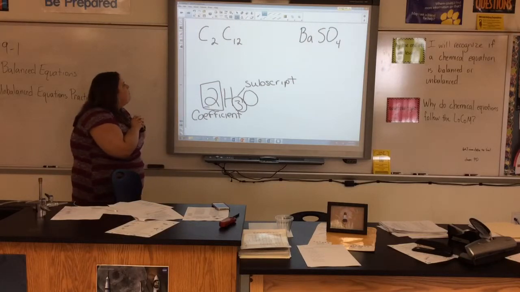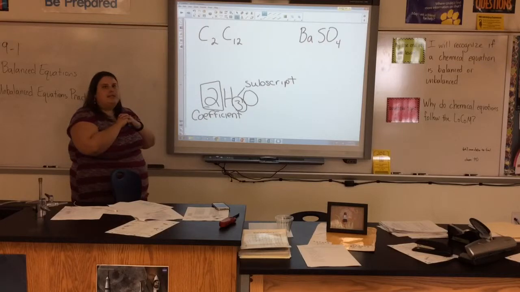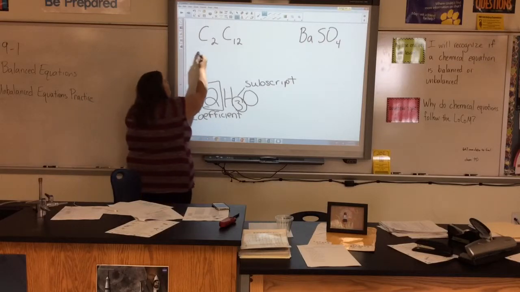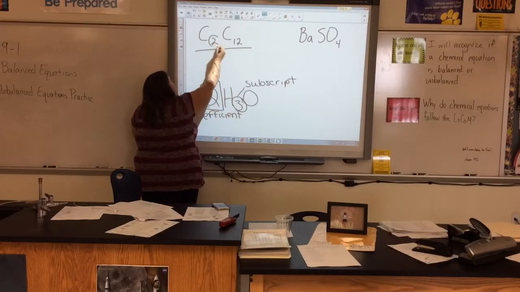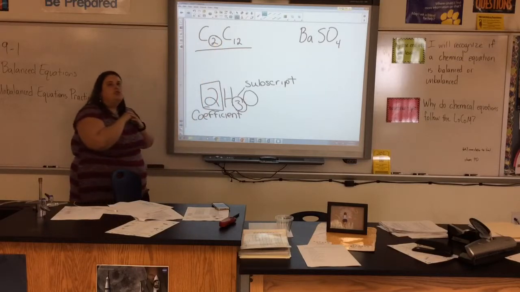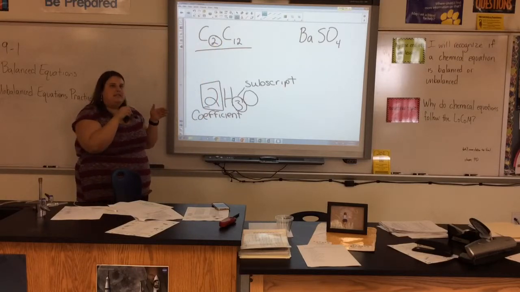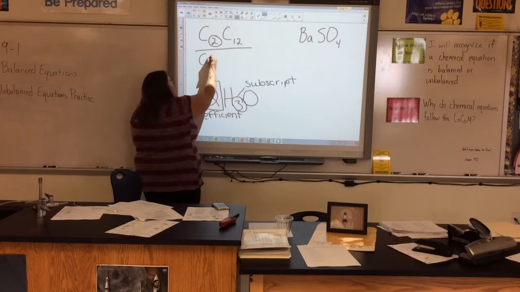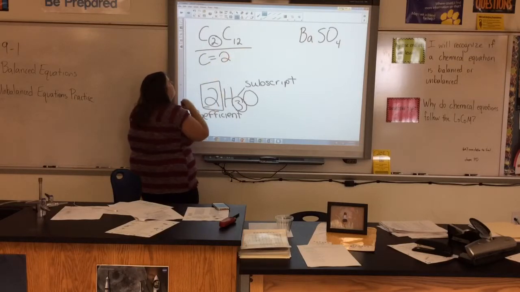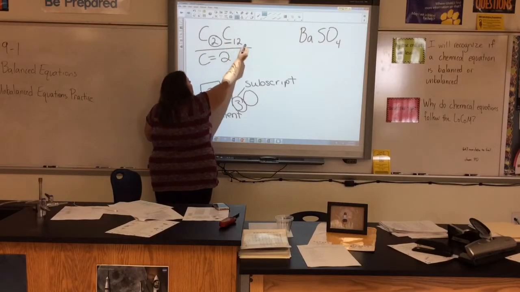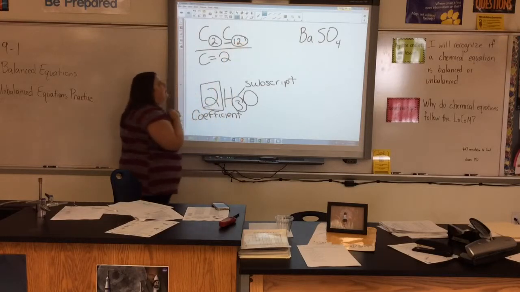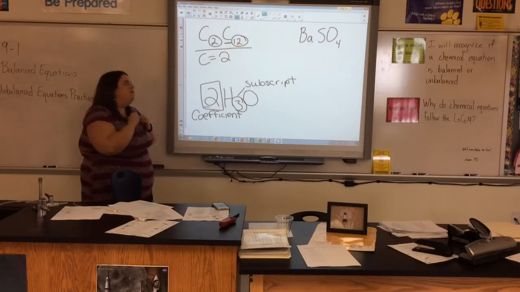Okay? So if we're looking at C2, C12, right here, I know that this subscript tells me that I have 2 atoms of C. So I would write C equals 2. Then I look at this C, and it tells me that I have a subscript of 12.